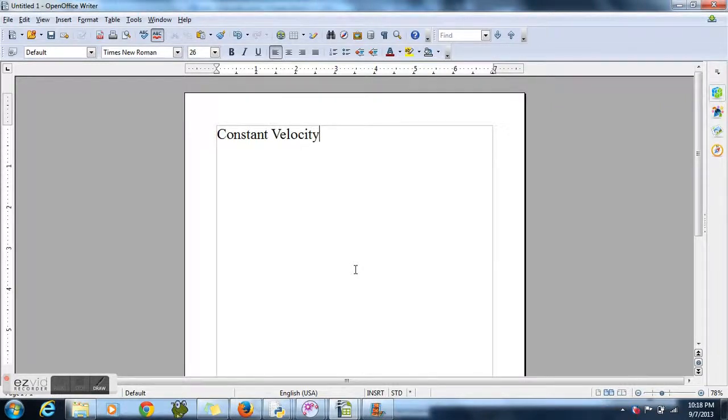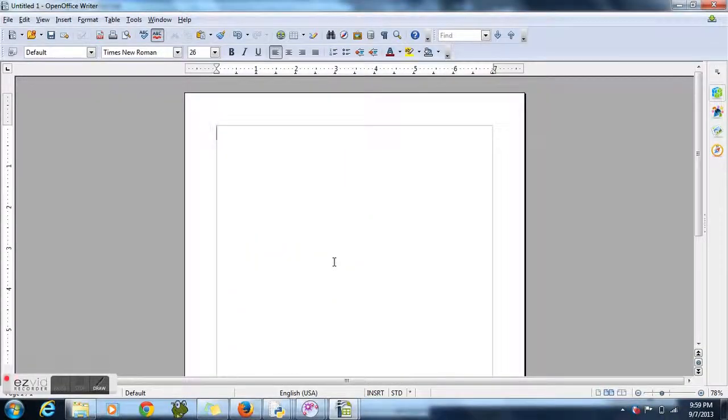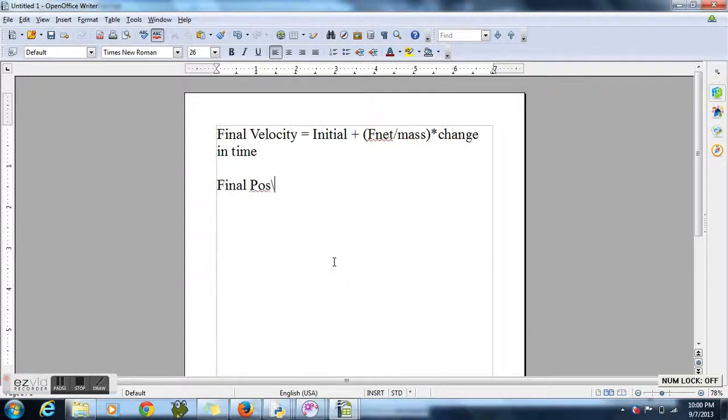Later, in order to predict the ball's velocity and position as the time changes, ball.vel and ball.pos were modified so that they represent the formulas that are used to calculate velocity and position, which is final velocity equals initial velocity plus the net force divided by the object's mass multiplied by change in time, and final position equals initial position plus the object's velocity multiplied by the change in time.